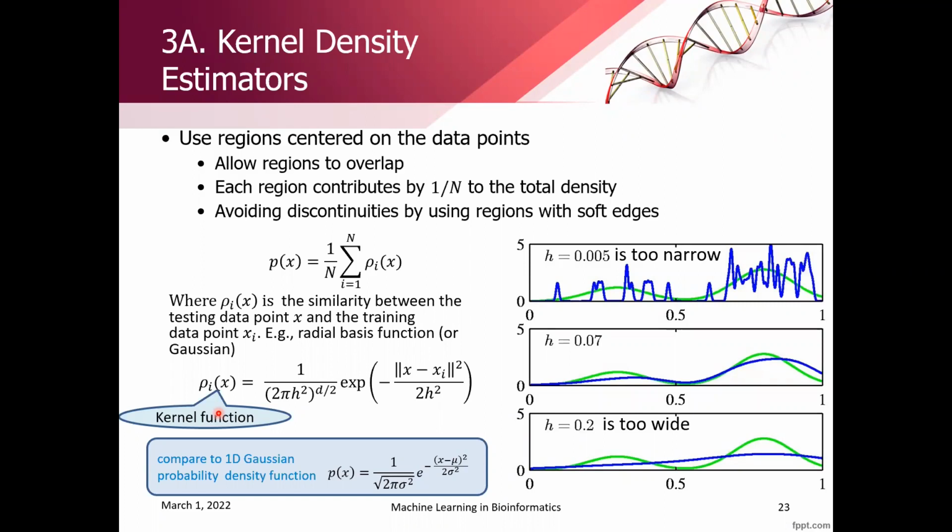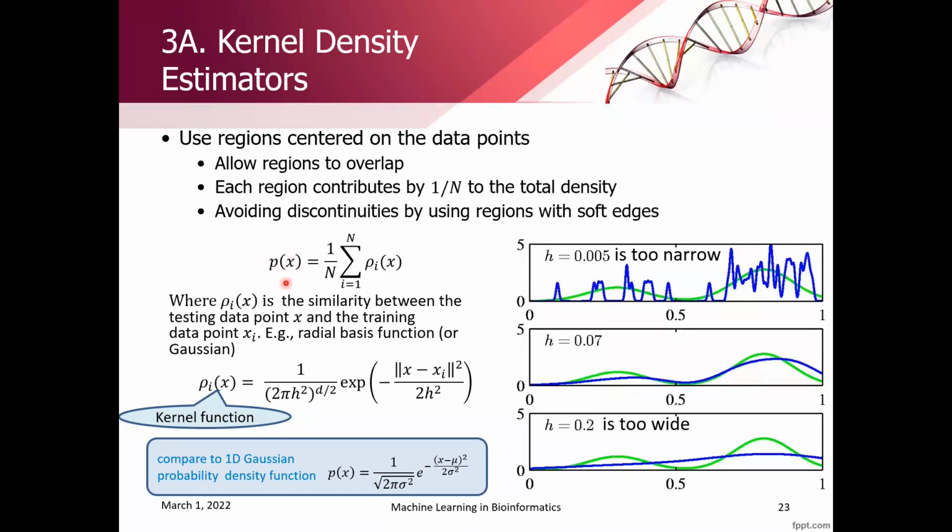Of course, for each point we have some function with area under the curve equal to 1, and we have capital N points. So the integral, the area under the curve after summation, will be capital N. We would like to have an estimate for the density, so therefore we divide by capital N. And this is exactly what is written here.